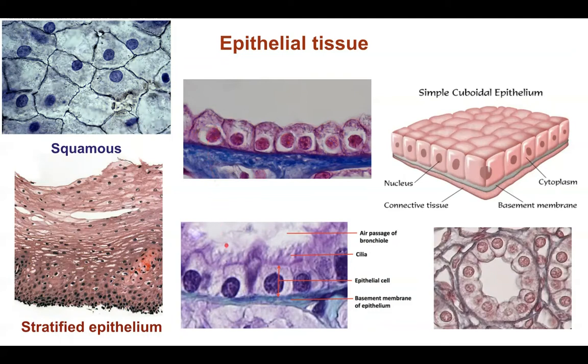If cuboidal epithelial tissue has hair-like projections over itself, it's called ciliated cuboidal epithelial tissue. If instead of cuboidal, the cells are longer than broader, then they'll be called columnar epithelial tissue. And if instead of having one single layer of epithelium, there are multiple layers, it's called stratified.